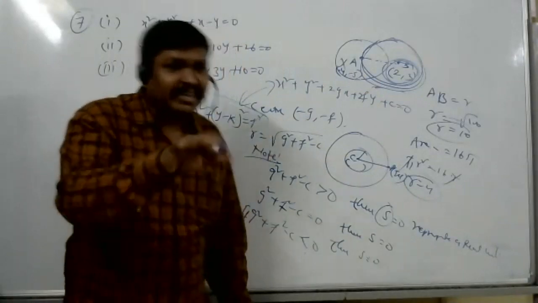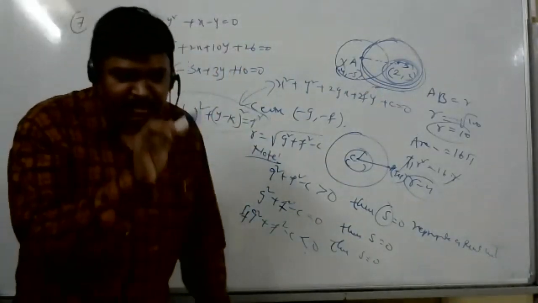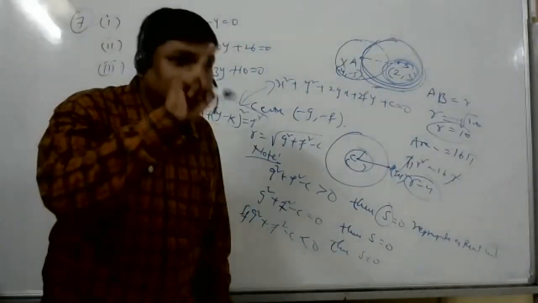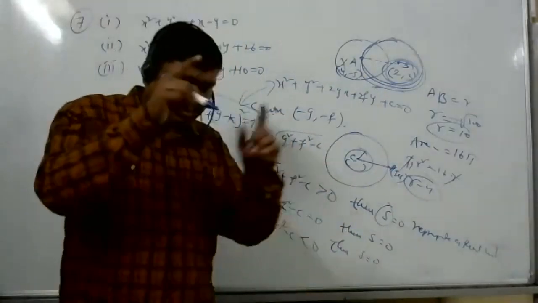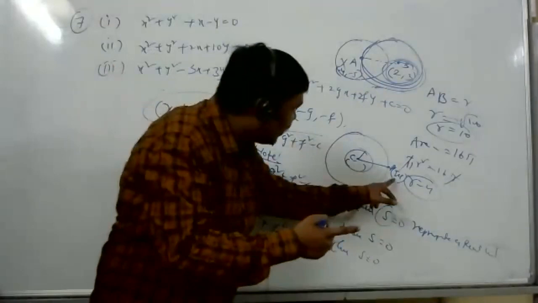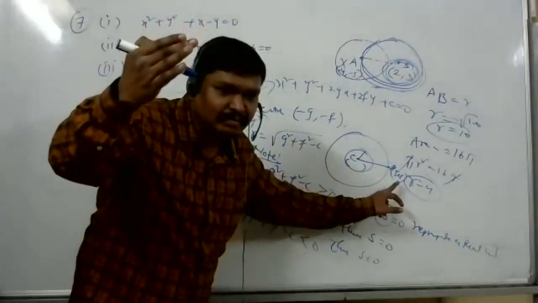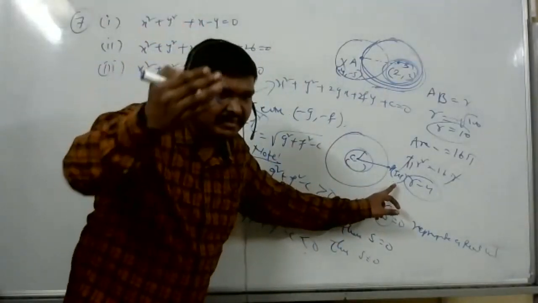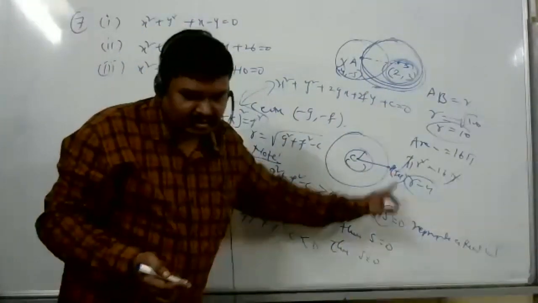The concentric circle differs only in the constant: x square plus y square plus 4x plus 6y plus k is equal to 0. That circle passes through (5, 4). That is one more method, the shortcut method.